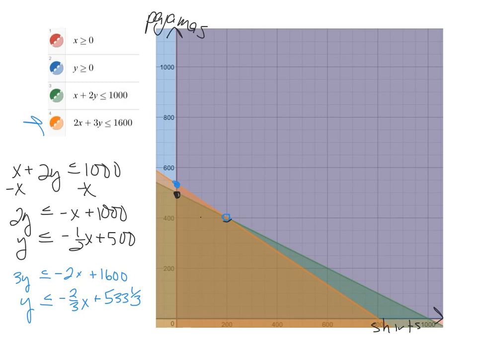So right here at this point, which is over 200, up 400, that is where everything is equal. All right? That is where I can make 200 shirts and 400 pajamas and use all of the fabric and all of the time. All right?